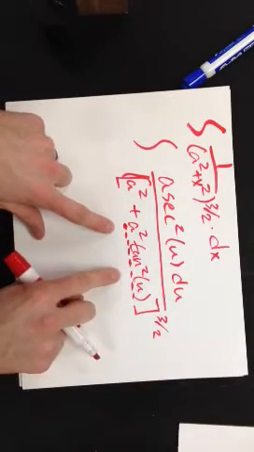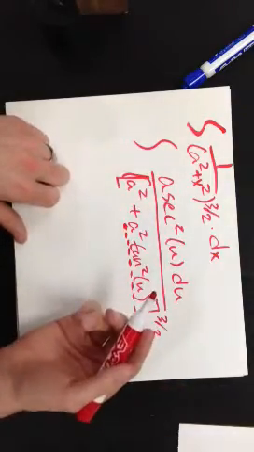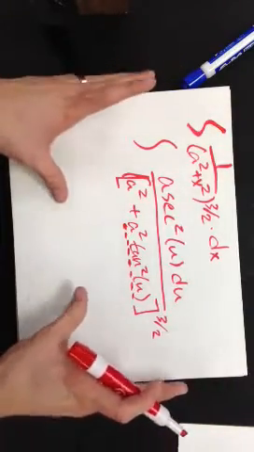All of this up top is dx. Okay, so egads, that looks horrible.